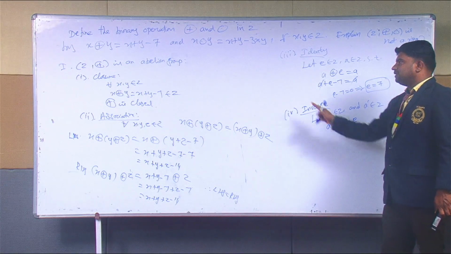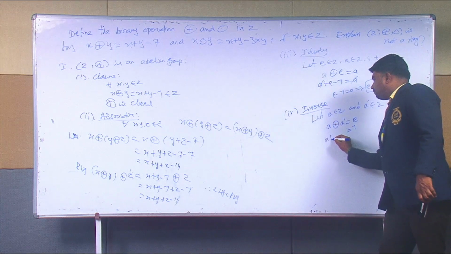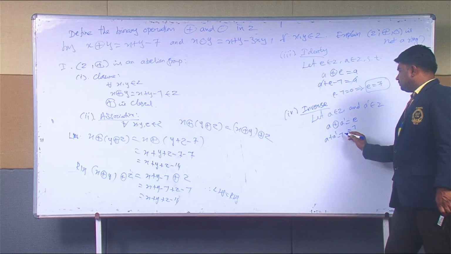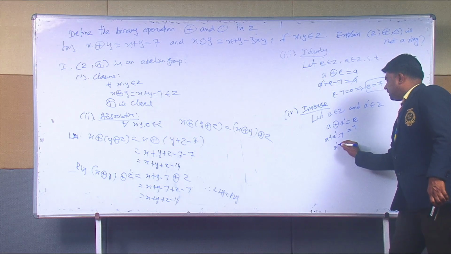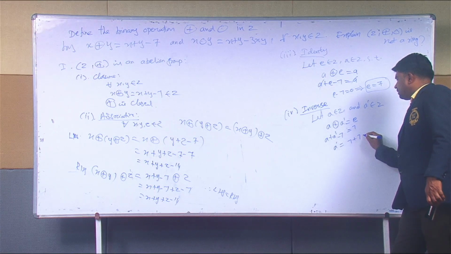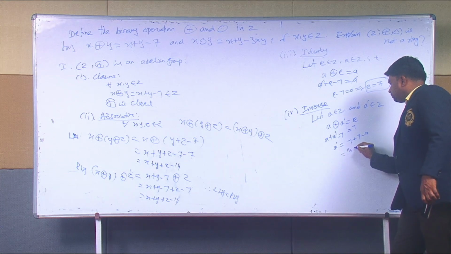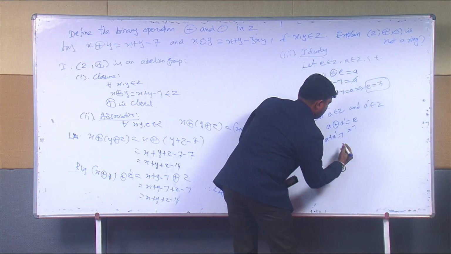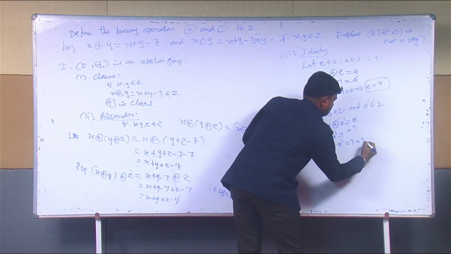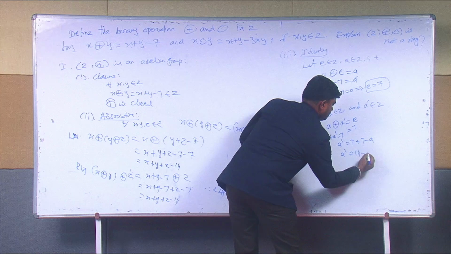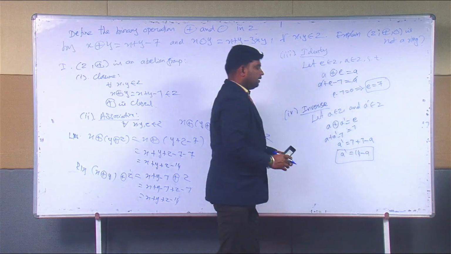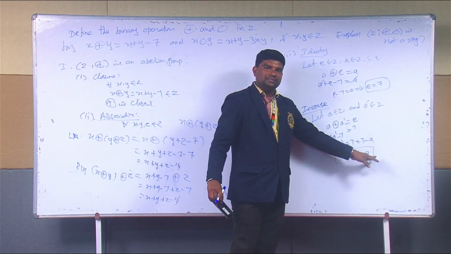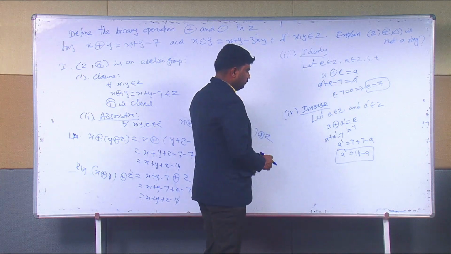So on the left side, implement the addition modulo condition: A plus A dash minus 7 equals 7, so A dash equals 7 plus 7 minus A, which is 14 minus A. So this is the inverse element. A dash equal to 14 minus A is clearly an integer that belongs to Z. So the inverse is found.